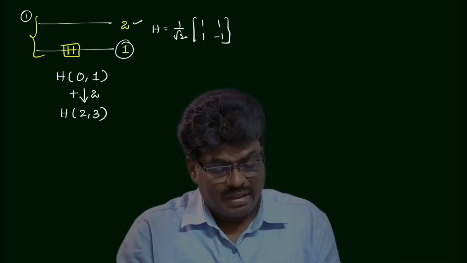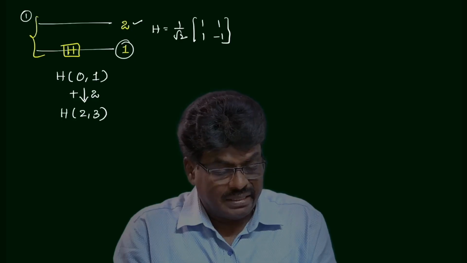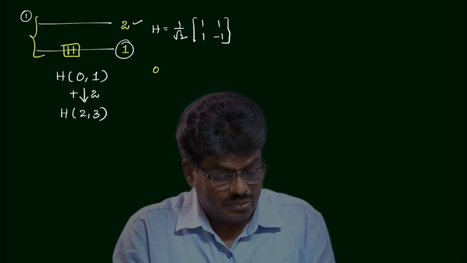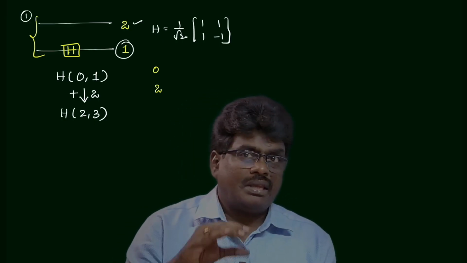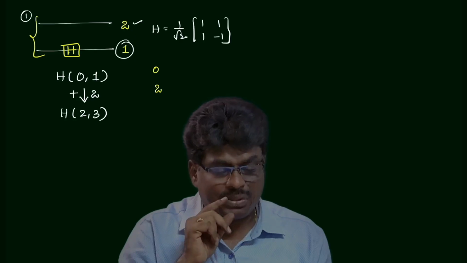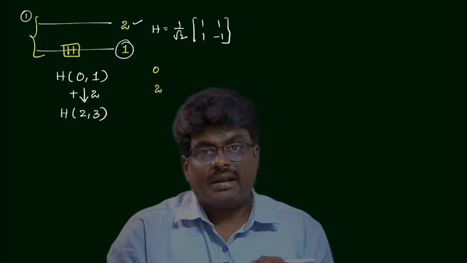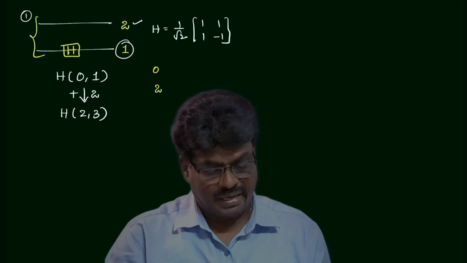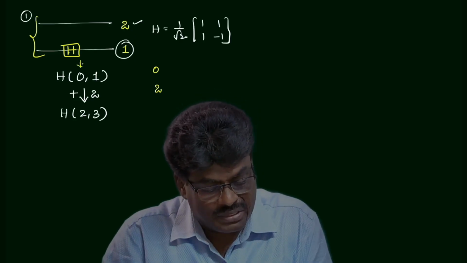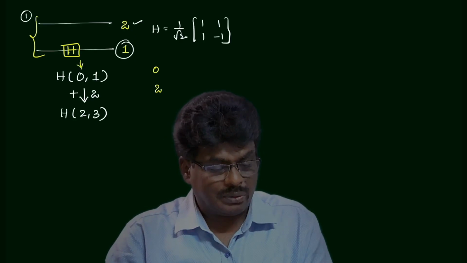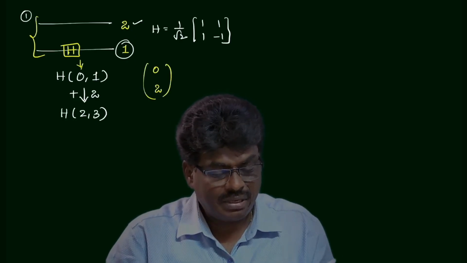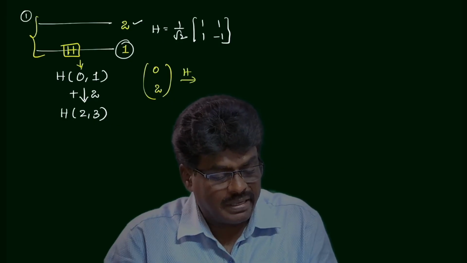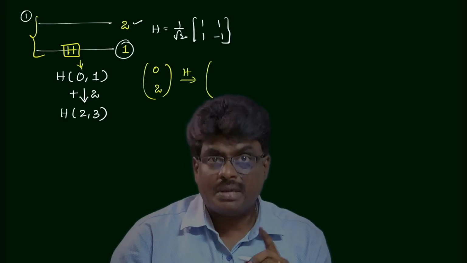Now see, here I'm taking like this 0 2. So why I'm taking for this Hadamard like this, you will understand. So my advice, whenever you have Hadamard gate like this, please take first one 0 2. I'll tell you why it is like this. Okay, now this Hadamard operator is operating on this, be careful.